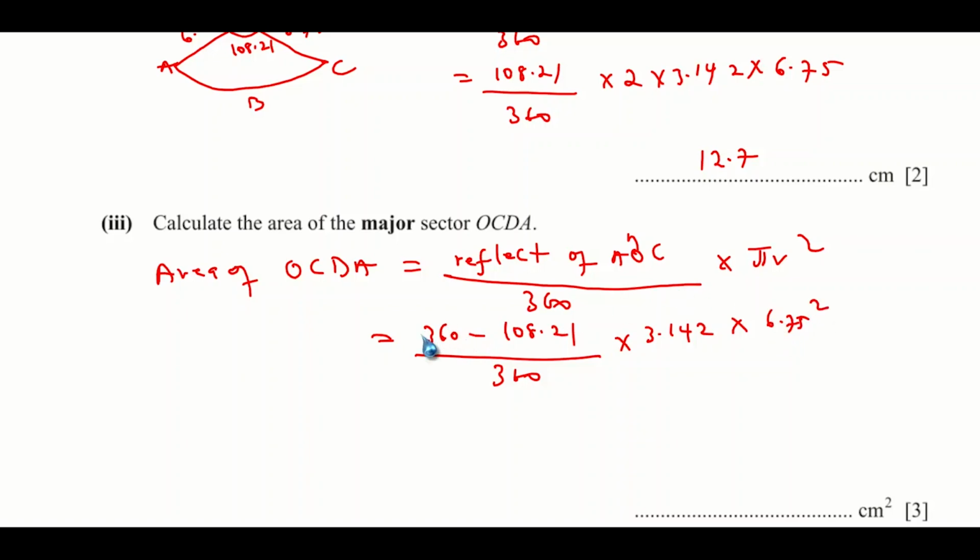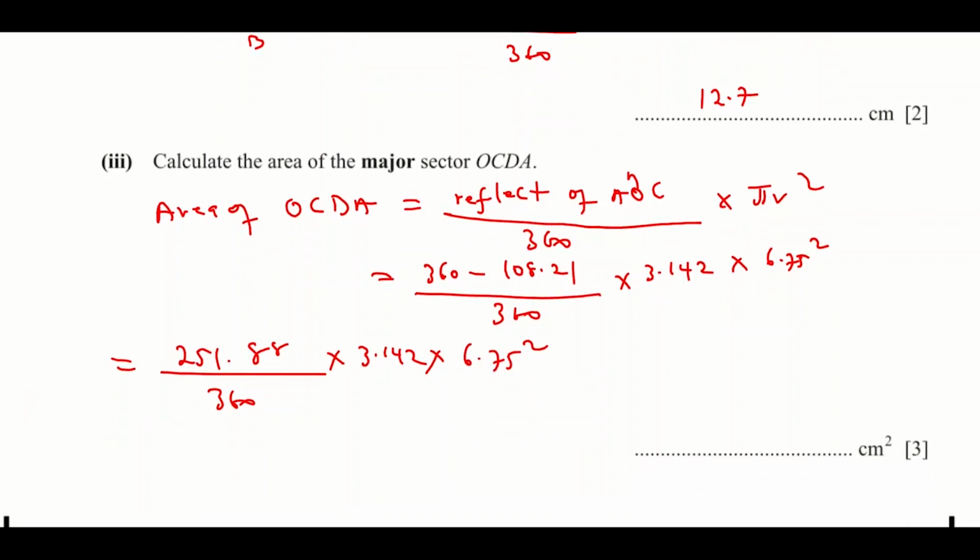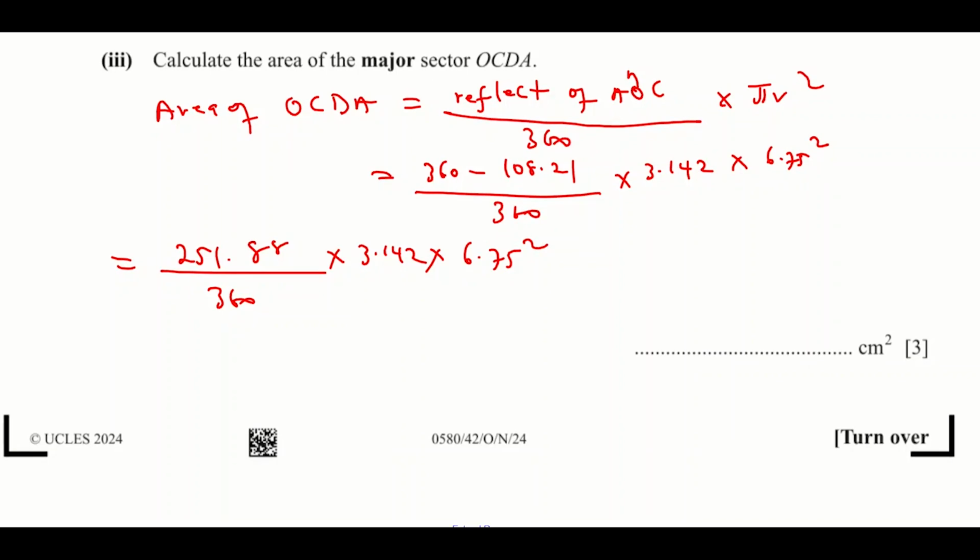We can simplify this to 251.88 over 360, times 3.142 times 6.75 squared. You can input the whole of this into your calculator to save time, and you get the answer to be 100 squared centimeters.